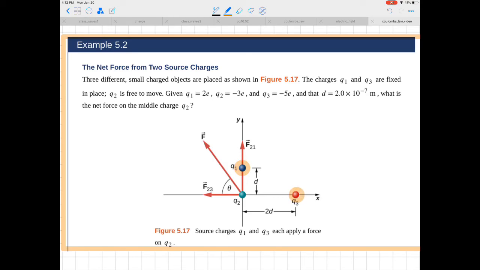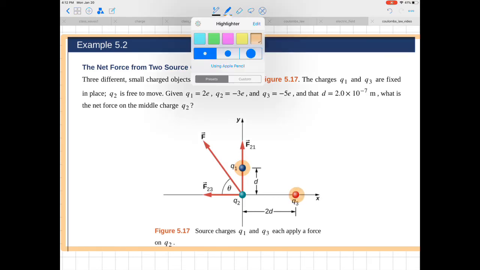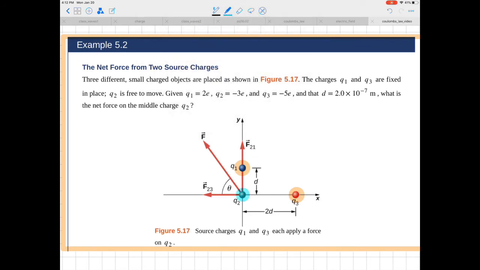So we've got 2 source charges here, and we've got our test charge, Q2, that we're interested in finding the net force on. All right, so the book has already sketched out the individual force vectors. This force vector right here, F23, is the force on 2 due to the fact that charge 3 is located in the problem.